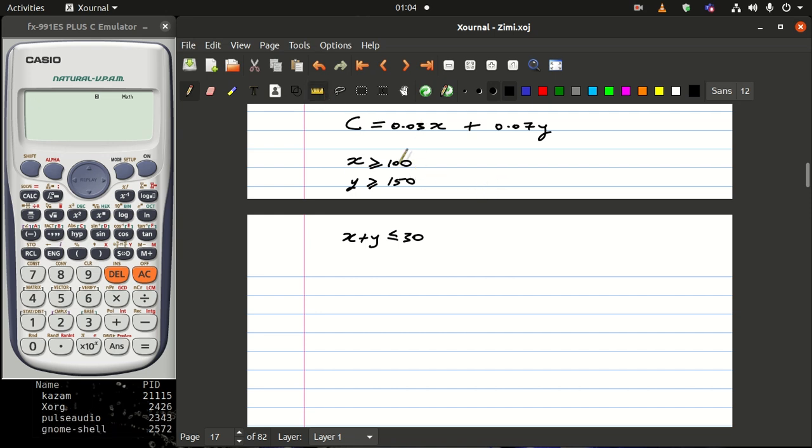All you need to do here is first realize that this is telling us we want our Y to be less than or equal to 300 minus X, or simply put, Y is less than or equal to minus X plus 300.